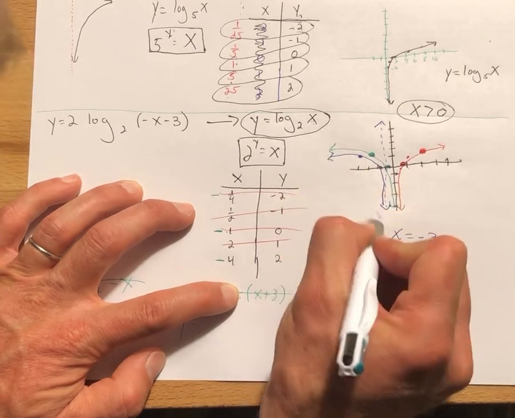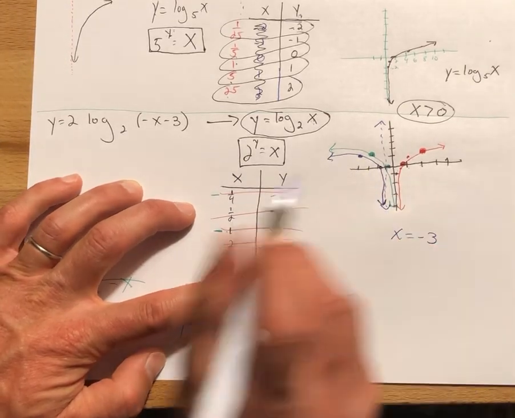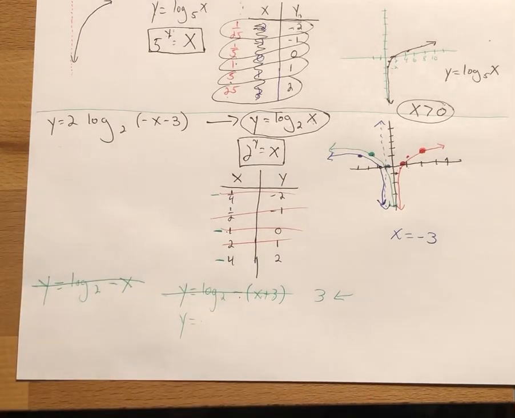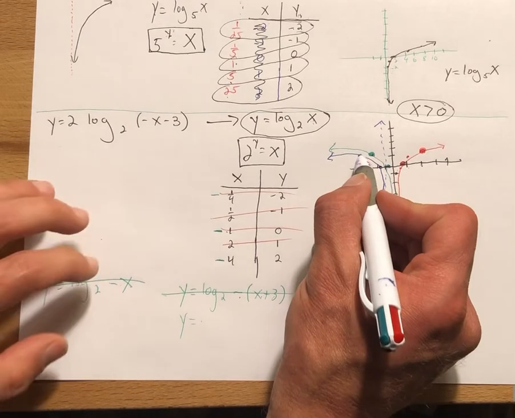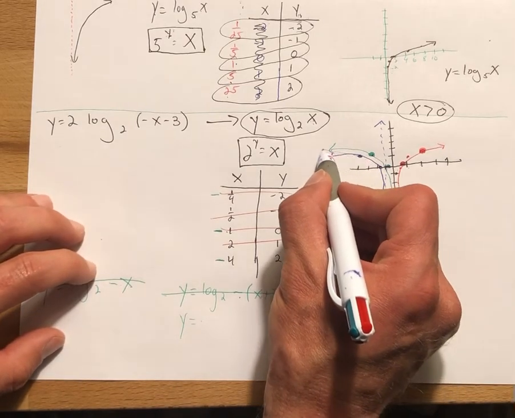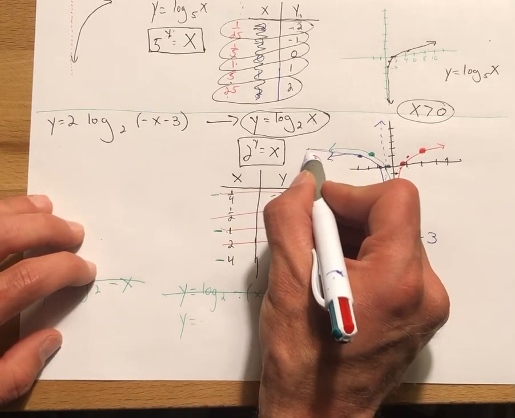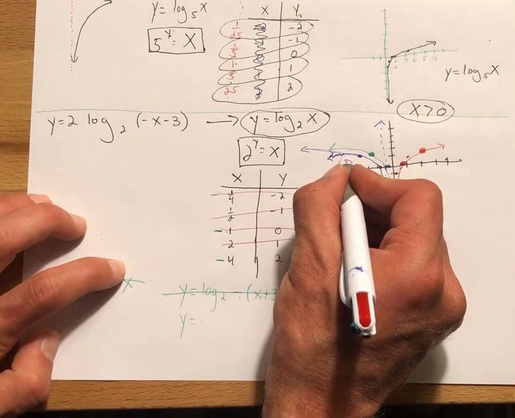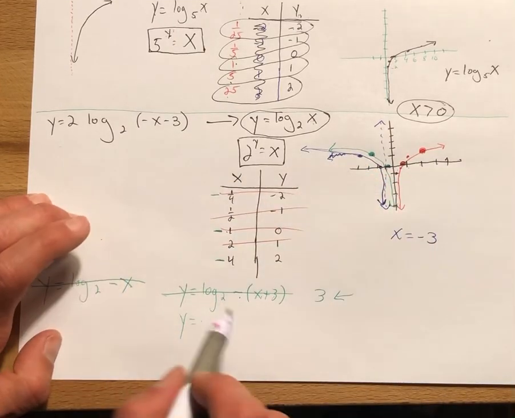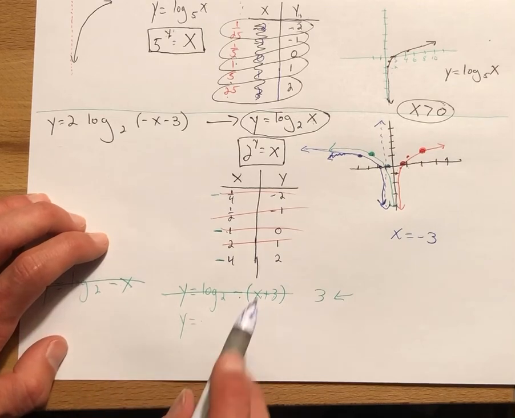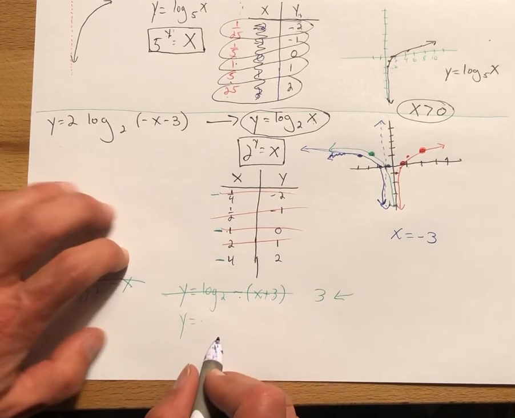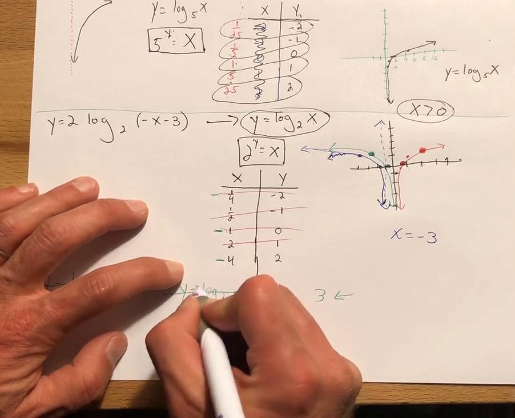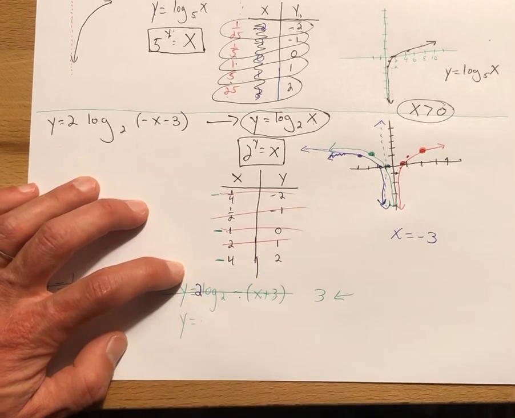Here's my graph so far. Notice the shape doesn't change. You can technically assume it's going to go up like this. Now I am going to put a 2 in front of this.